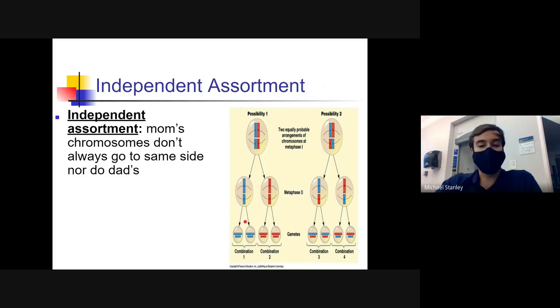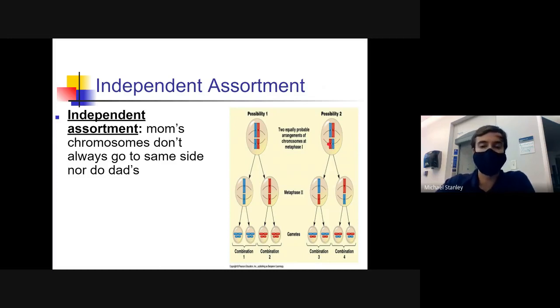And so you could end up with a cell that has, or 2 of our 4 could have a big and little blue, and 2 of our 4 could have a big and little red. Or what could happen is that the big blue could line up on the left and the big red on the right, but then it's switched for the other ones.